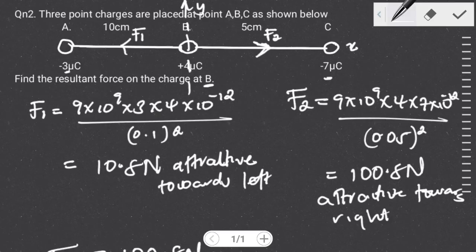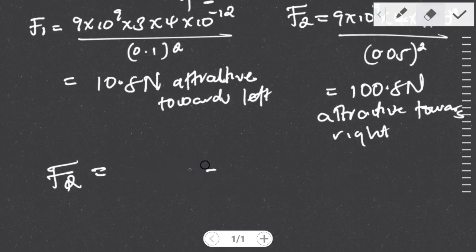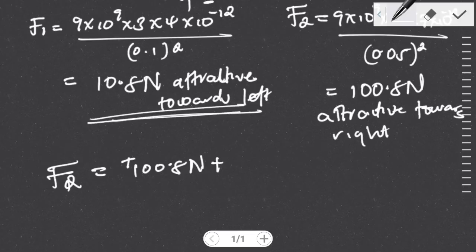Therefore, I would say the force moving towards the right is positive 100.8 newtons, plus the one moving towards the negative x, which is negative 10.8 newtons.